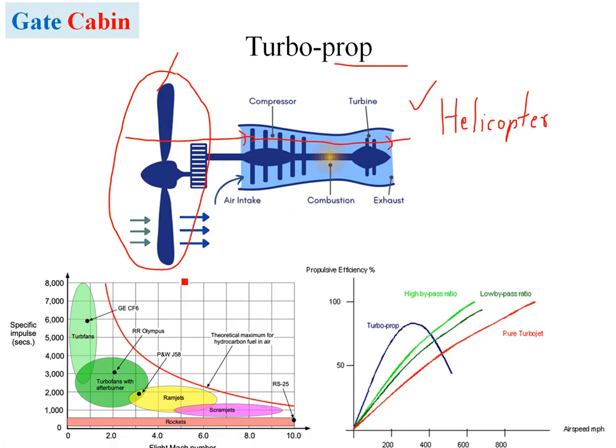So this is another mechanism where we have a turbine to generate the useful mechanical energy we need to rotate the propeller, and we also have to rotate the compressor. So the turbine has to rotate two things, and obviously we have to generate the lift.